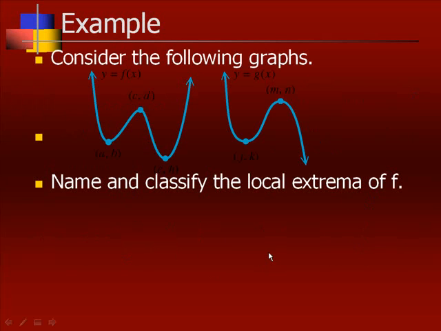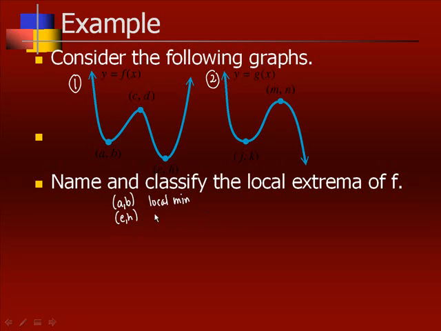Now, consider the following graphs. Let's call this graph 1, and let's call this graph 2. Name and classify the local extrema of F1 and F2. Of F1, or actually we'll call that f of x, we have the ordered pair AB is a local min.